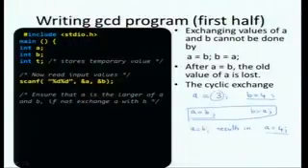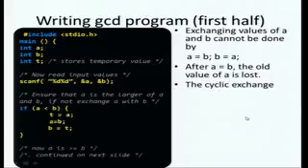We have an idea known as the cyclic exchange, and this is a really neat idea. How can I motivate it? Let us say that you have two rooms and these two rooms are full of stuff, and I want to exchange the contents of the first room and the second room.